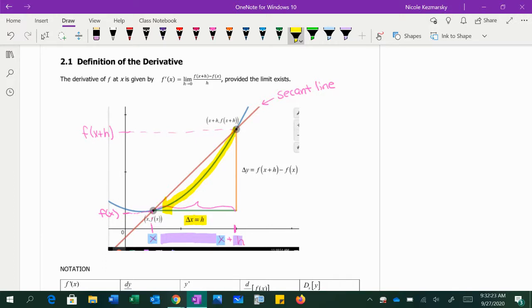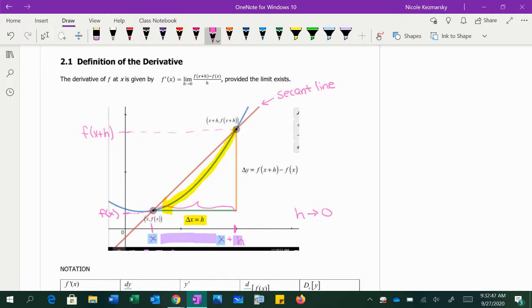And so what's happening when we do that, as we slide that second point closer and closer and closer, is h is headed towards 0. The distance between the 2 points is headed towards 0. And ultimately what we want is we want h to equal 0. We want the second point to be the first point.